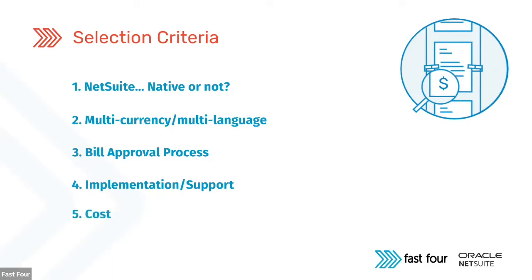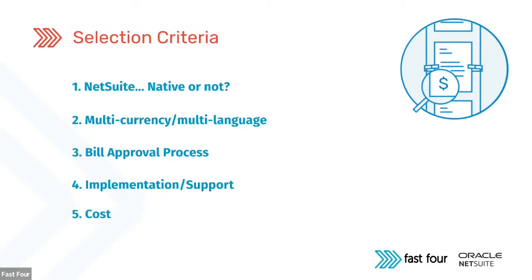The last one we have is cost. So obviously, you're creating a budget for this, or you're determining how much this is going to benefit us, and is it an overall cost that you're willing to pay thousands for, or tens of thousands for.